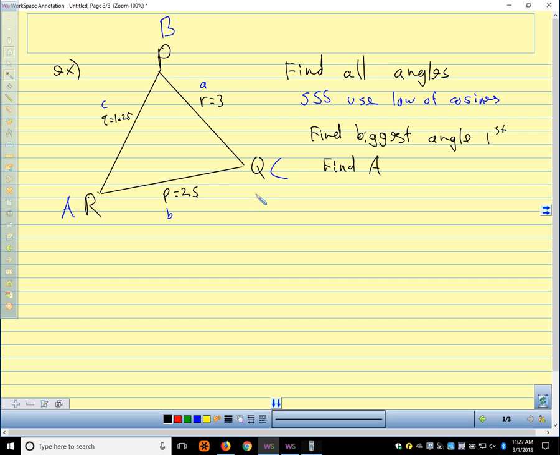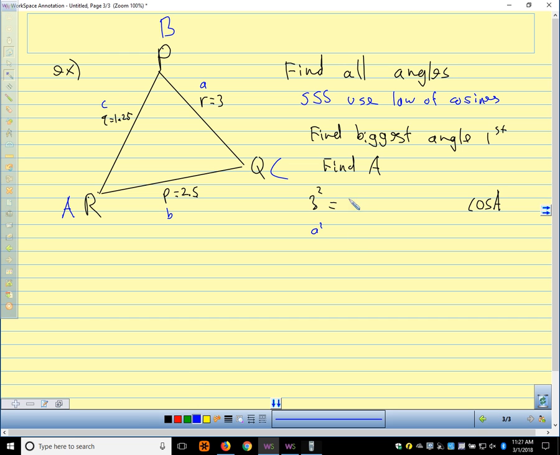When I set up my law of cosines problem, I'm going to have cosine A on this side, and whatever angle we're finding, the side across from it has to be on the other side of our equation. So that's 3 squared. That's A squared. Equals B squared plus C squared.